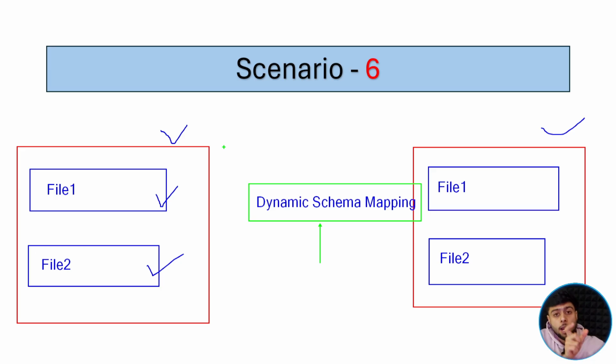We create a parameter for that. Then we create the schema in the form of code for the other file as well. Let me show you how we want to achieve this, because this is really tricky. Just be focused, because in this one we need to copy some code.